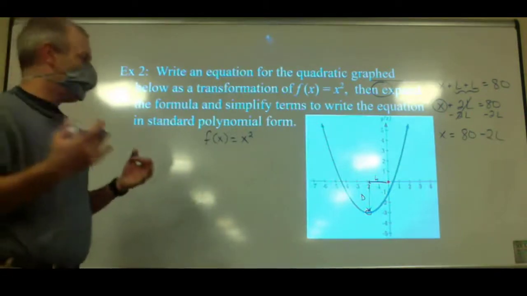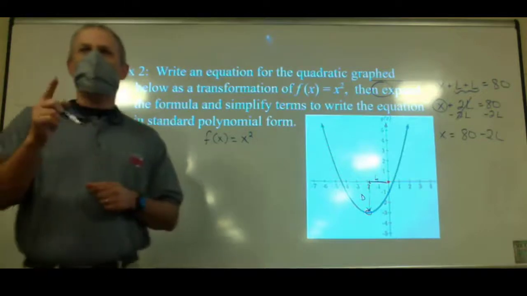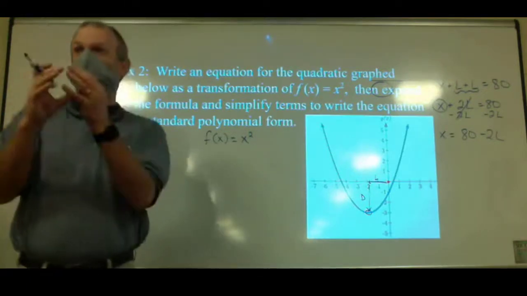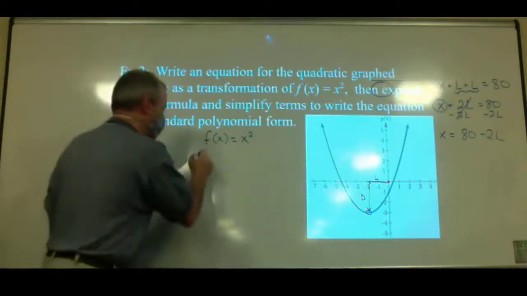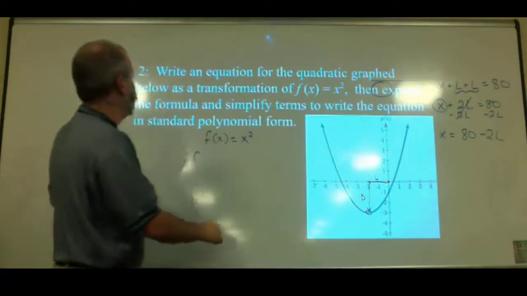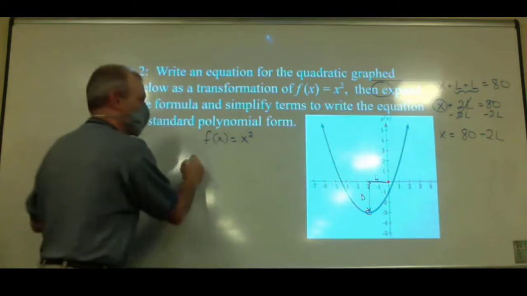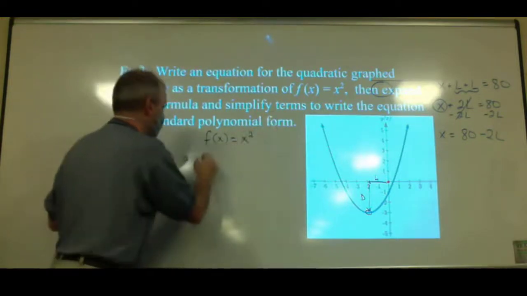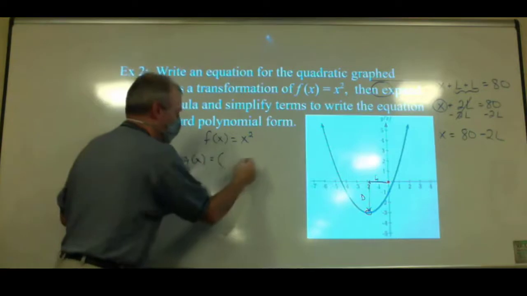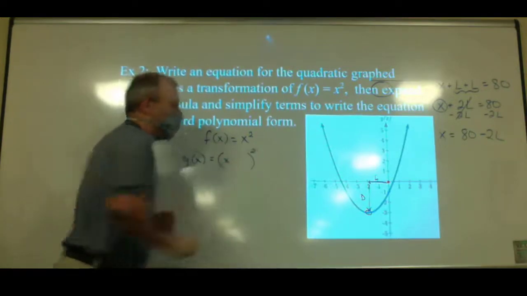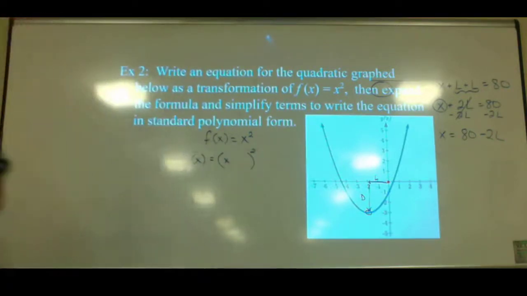So as a refresher, when we move left and right, we're always either adding or subtracting to the x. So what happens is it's going to look like this. Let's call this g of x. Oh, it's even labeled g of x. I guess we have to call it that. So we're going to have the x, and it's still squared, but now we're going to do something to the x.